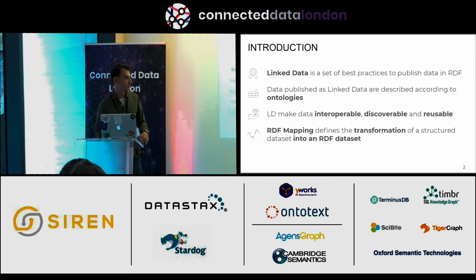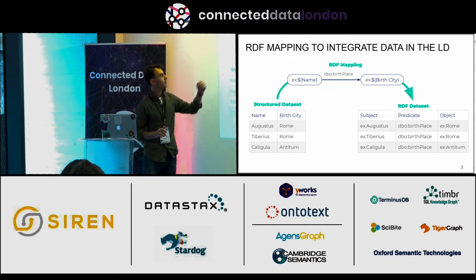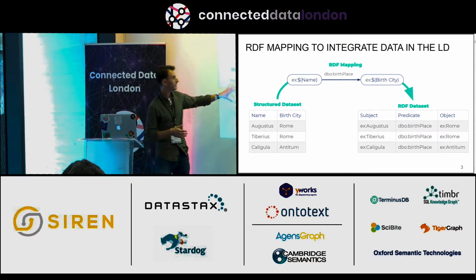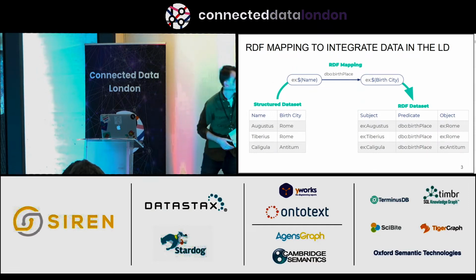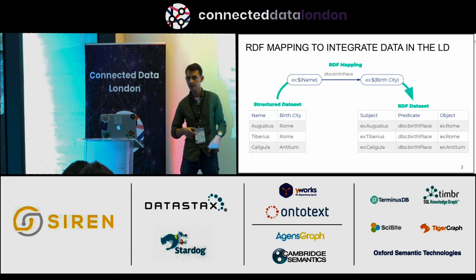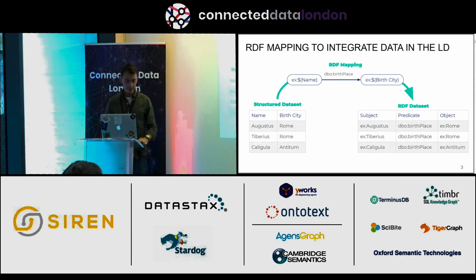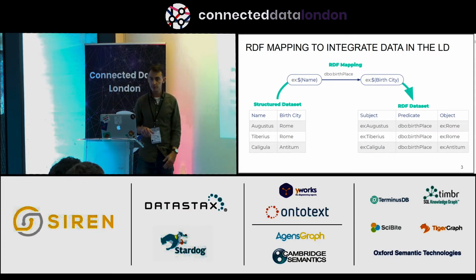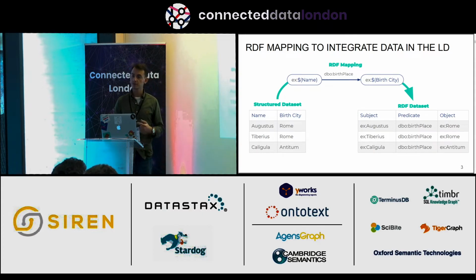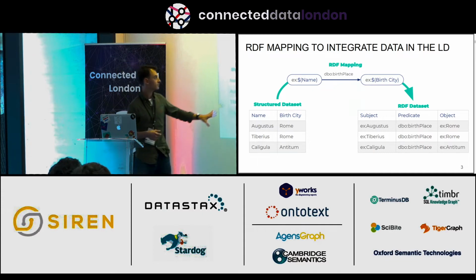So here I have an example of a transformation of a structured dataset into an RDF dataset using an RDF mapping. An RDF mapping can be seen as an RDF graph, but one that contains references to the initial structured dataset.